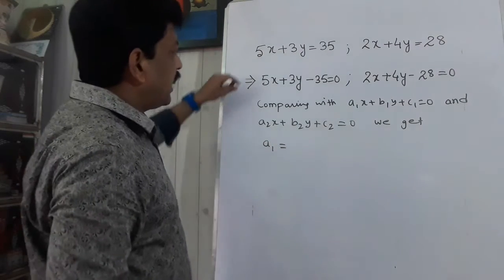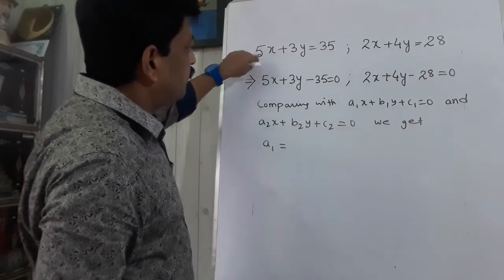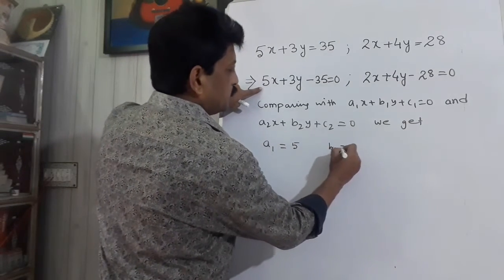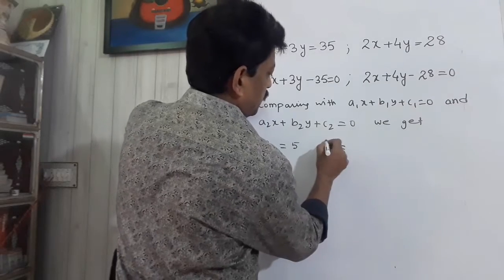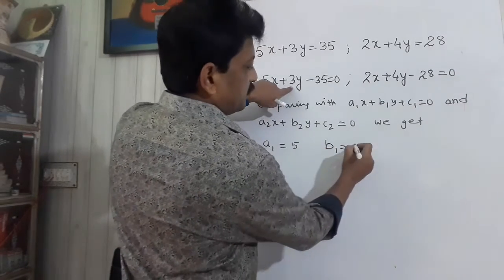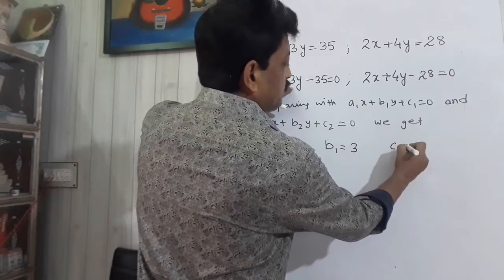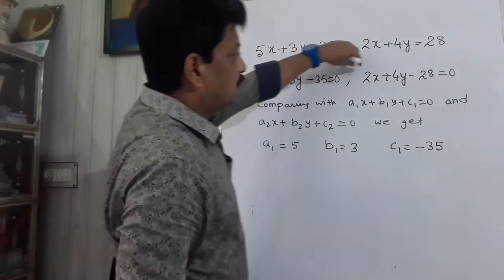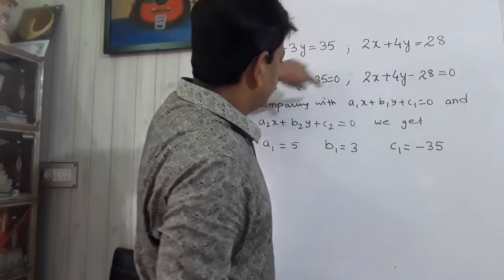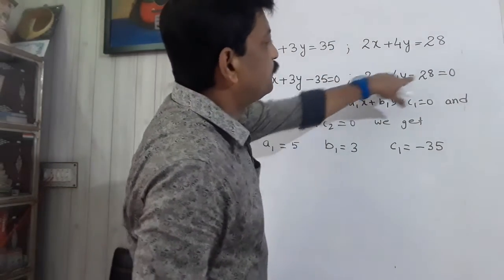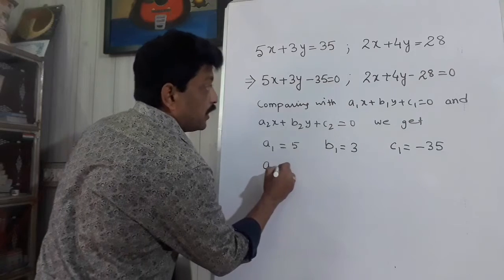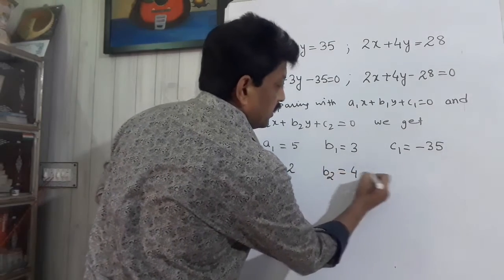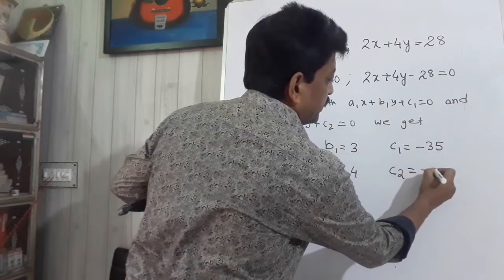As you see, by comparing with the general form, we get a1 equals 5, b1 equals 3 and c1 equals minus 35. Similarly, comparing with a2x plus b2y plus c2, a2 is 2, b2 is 4 and c2 is minus 28.